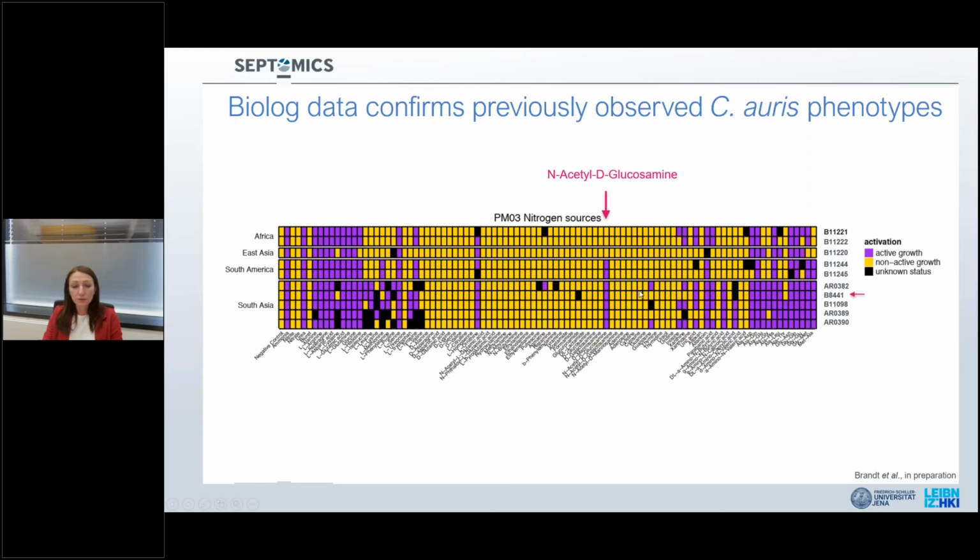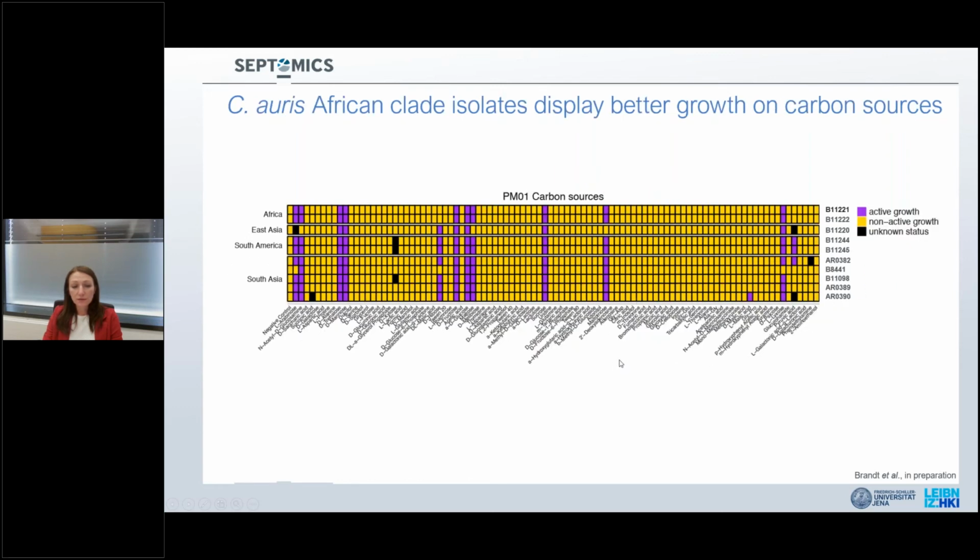And so when we started looking at specific differences between the clade isolates for growth on various compounds, we noted that, for example, the different Candida auris isolates utilize a very small range of carbon sources, so a very limited repertoire.